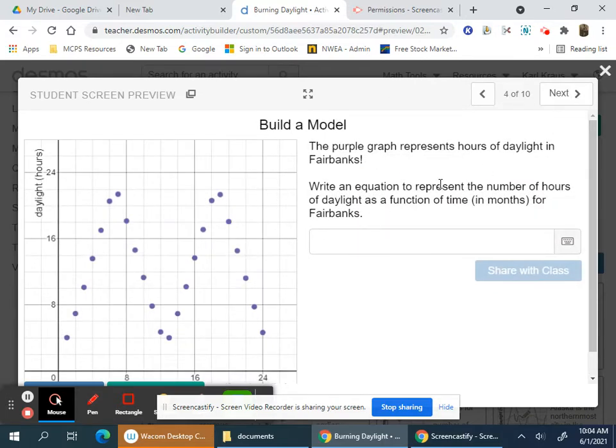Now the purple graph is the Fairbanks graph. Right equation, once again, negative cosine. It looks like we're going from 4 to 22. Halfway between 4 and 22 is 13, so my center line is 13. My amplitude is about 9.